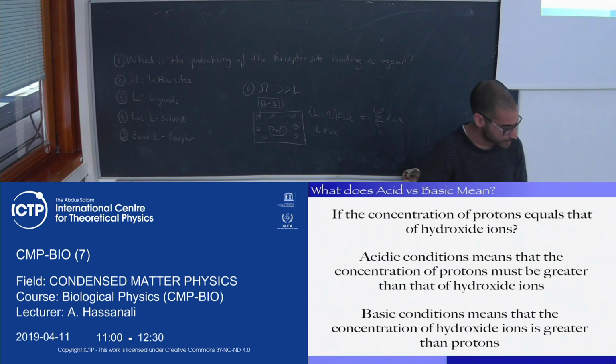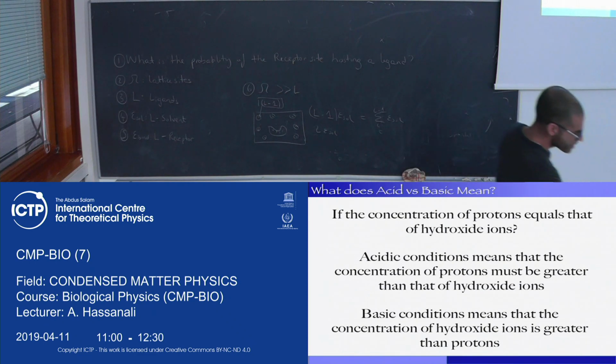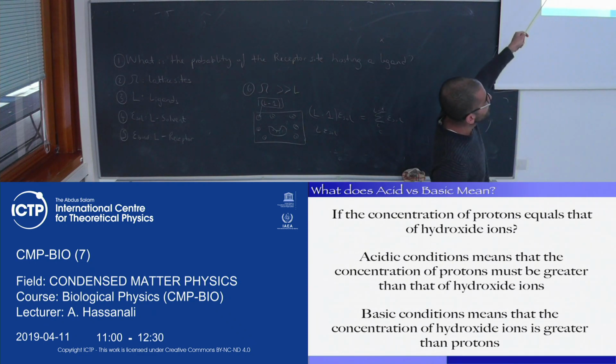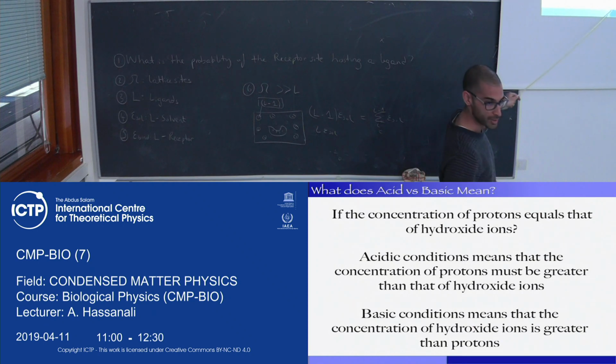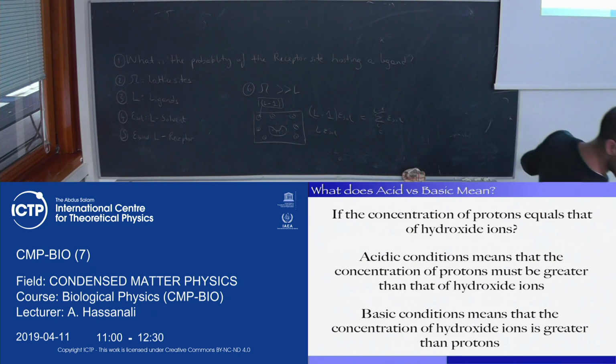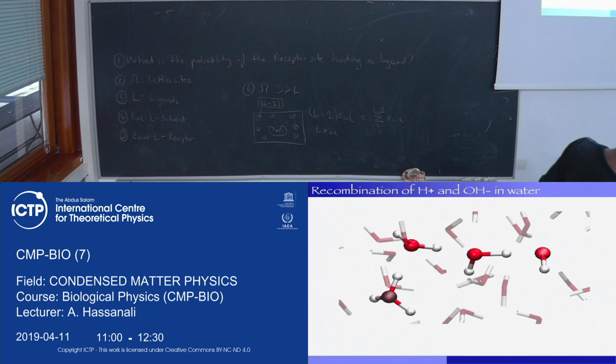Okay, so protons equals hydroxide, neutral; acidic, more protons versus hydroxide; basic, more hydroxide versus protons. Now, I want to come back to your questions, so this will help you understand what's going on.